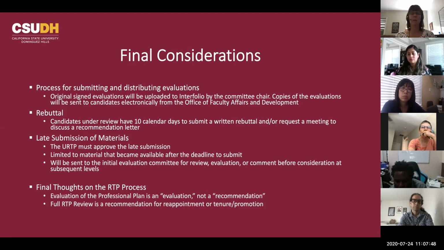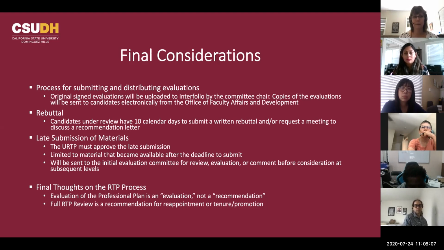If they don't, they just say it stands, and then it moves to the next level. But there is this process, and we encourage everyone to take advantage of it because it can make a significant difference in outcomes, especially when you're up for tenure.